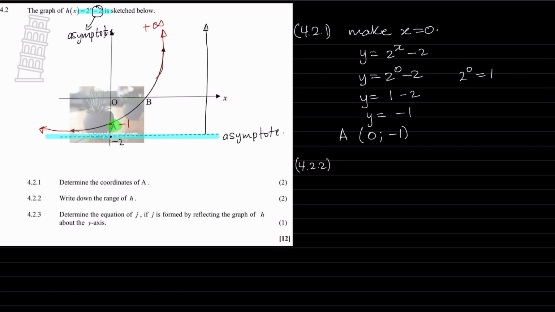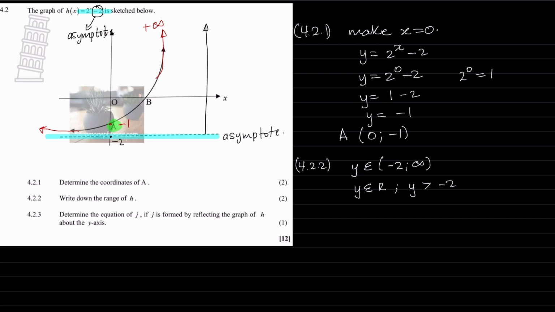So you can write it in a few ways. I'll show you a few ways. You can say y is an element from negative 2 to infinity. You could also write y is an element of real numbers, but y must be greater than negative 2.